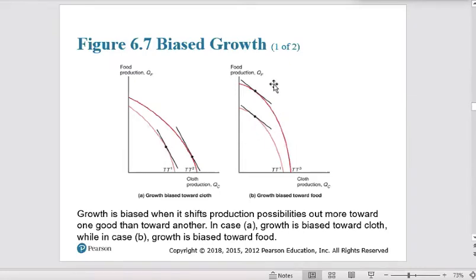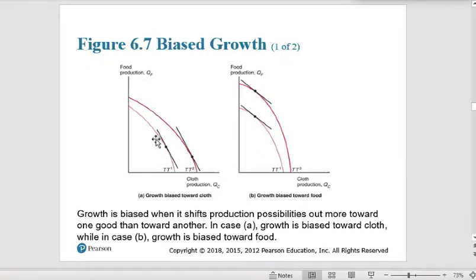There's biased growth towards one industry. And here is the opposite example. On the second diagram is the biased growth towards food production. The gap in food is more than the gap in clothes production. And you see that after the change coming with a shock on the technology, we are using this diagram for example now.